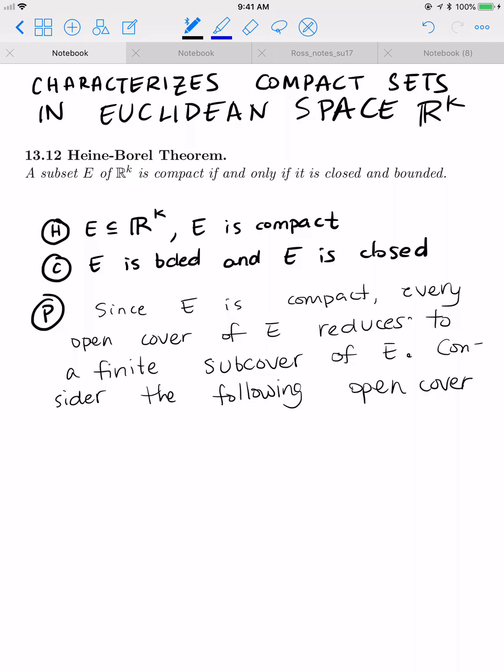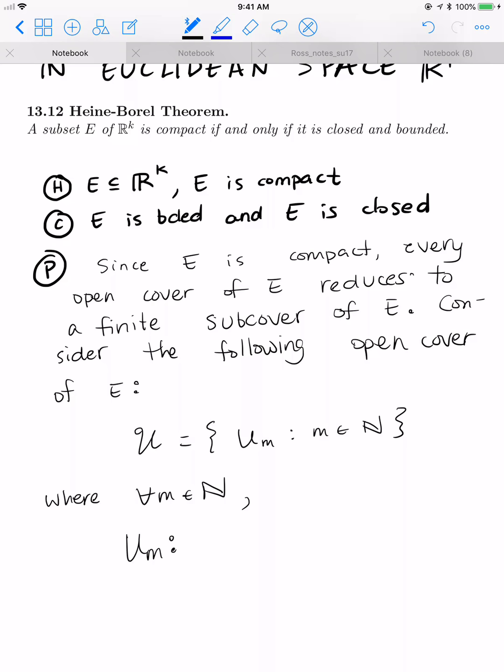Consider the following open cover of E. Script U is going to be the set of U_M, M in N. And what is my definition of U_M? U_M is defined as the set of x in R^k such that the distance between x and 0 is less than M. So each U_M is an open set.